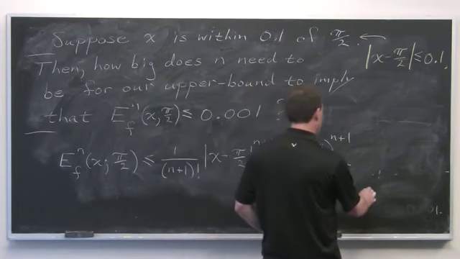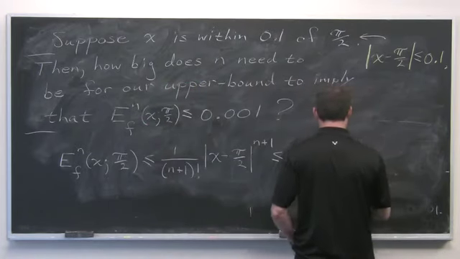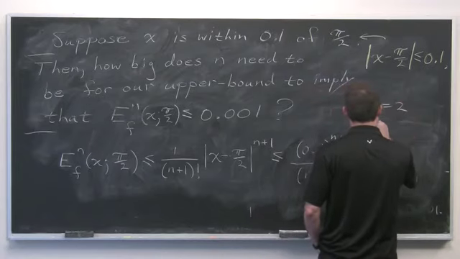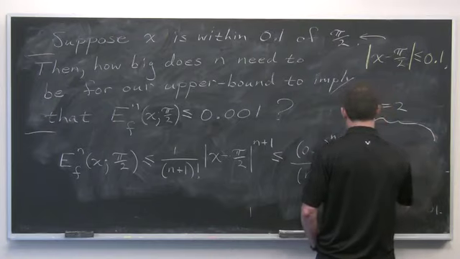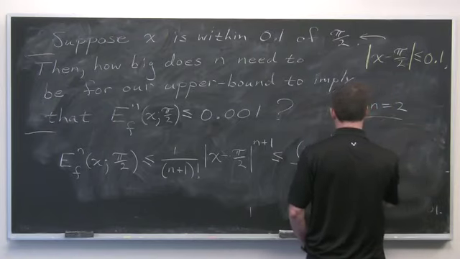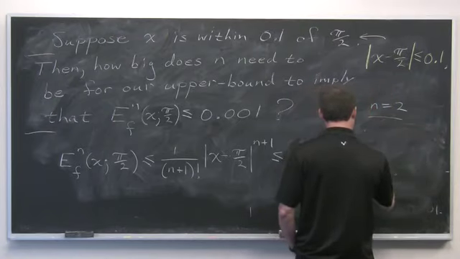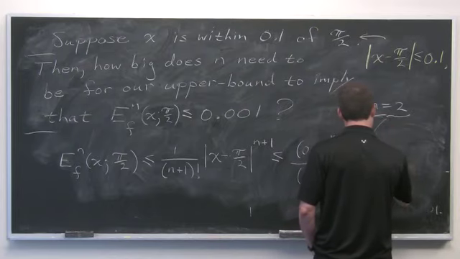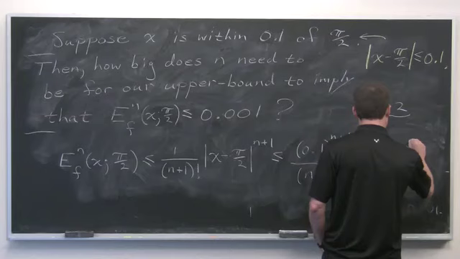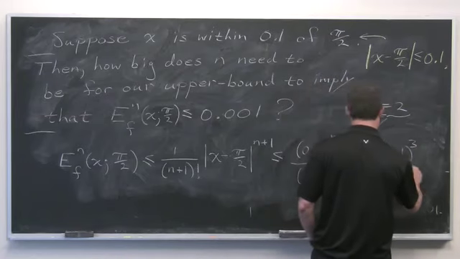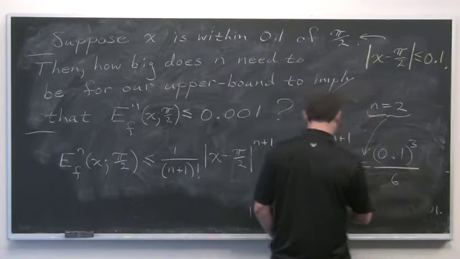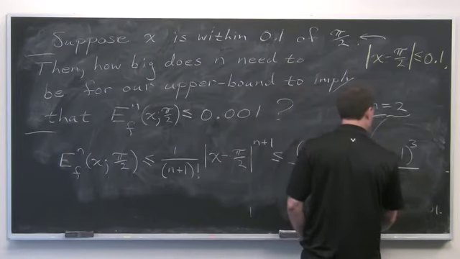When n is 2, you would get 0.1 cubed, but that is 1,000th, and divided by an extra 6, right? 3 factorial, so 6.